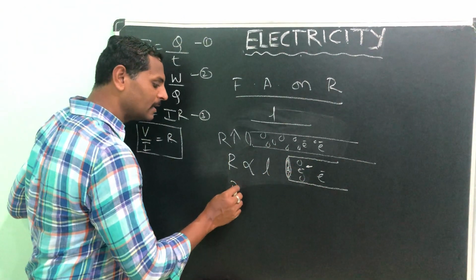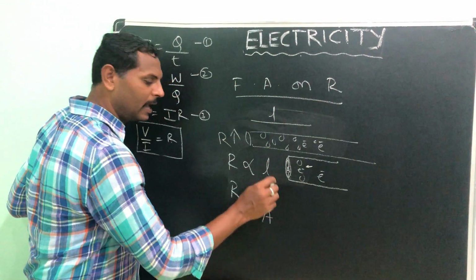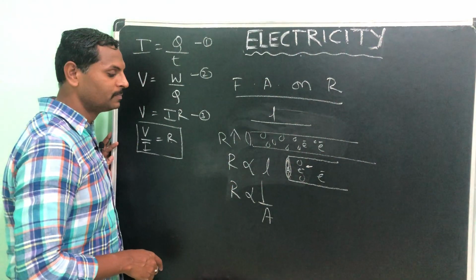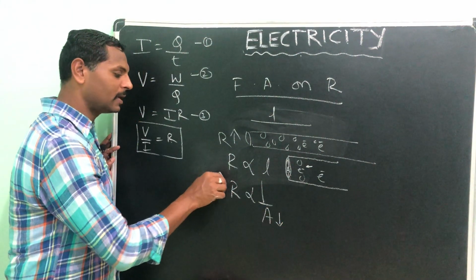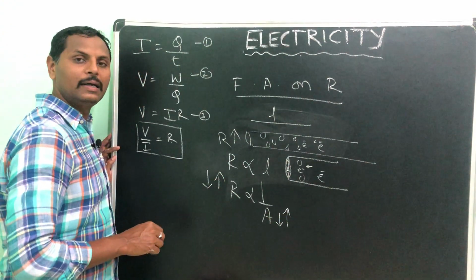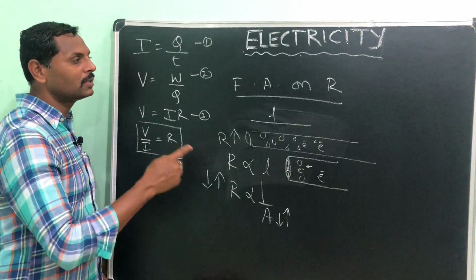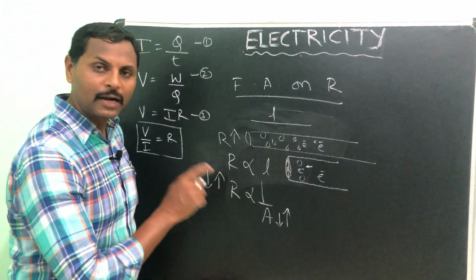That means resistance is inversely proportional to the cross-sectional area of a conductor. So lesser the area, more will be the resistance; more the area, lesser the resistance. Okay, so these 2 points are the factors affecting resistance just by seeing the conductor.